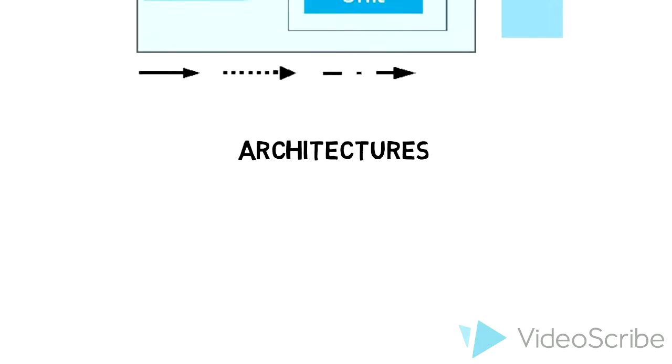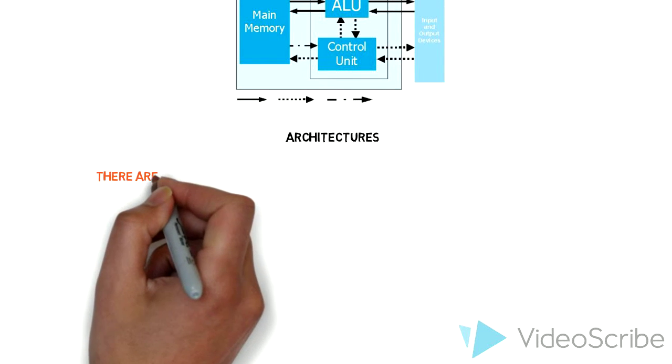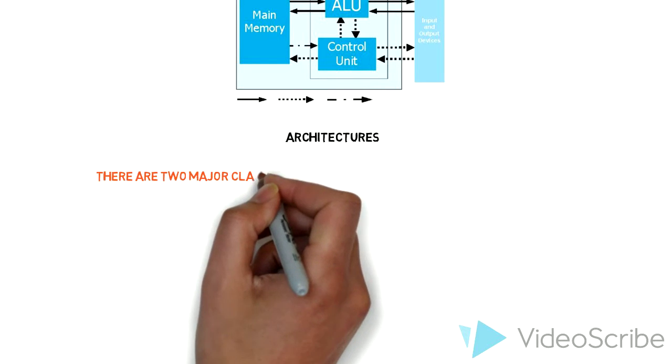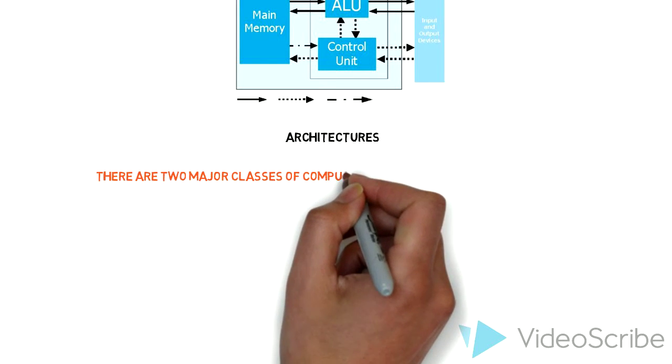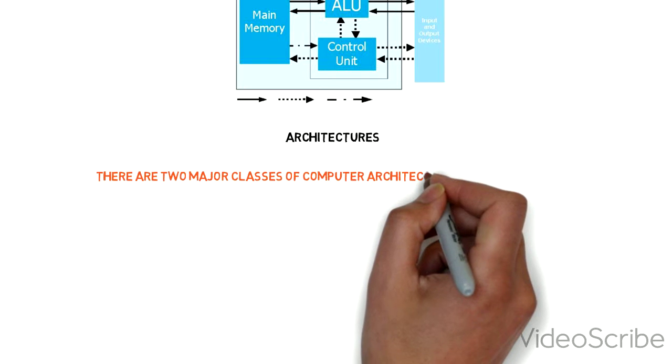Now let's talk about the architectures. There are two major classes of computer architectures, namely Harvard architectures and the von Neumann or Princeton architectures.